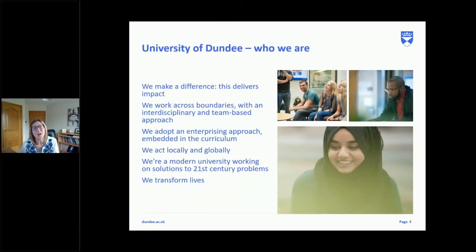So, the University of Dundee, who are we? Well, we like to think we make a difference here and now in the real world. We encourage a cross-disciplinary exchange of thoughts, ideas and innovation through a variety of teaching methods and different perspectives.